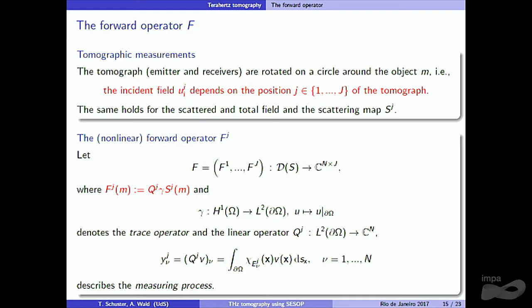This is a standard trace operator. And then you have this observation operator Q_j, which just computes these detector measurements as small averages over small parts of the boundary. And this is now the complete forward operator. Since Q_j and the trace operator are linear, it's easy to compute the Fréchet derivative and its adjoint in that way.